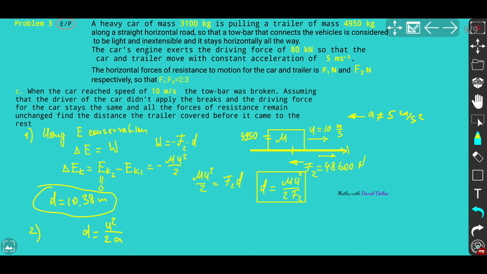So which acceleration do we need to use? Of course, we need to figure it out, and we can also set up Newton's second law, where F2 is the only force, equal to M times a. And if you plug in the acceleration being equal to F2 over capital M into the formula, you'll get what you actually should get.